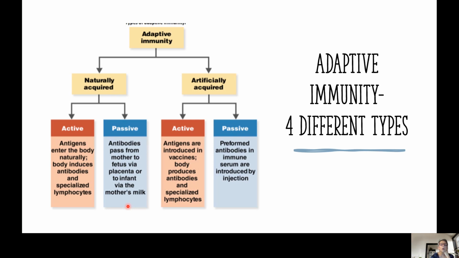How is that different from artificially acquired? Artificially acquired simply means that it's coming to our human body as a form of injection. So artificially acquired, it's coming from outside of our own human body. It's coming via an injection.